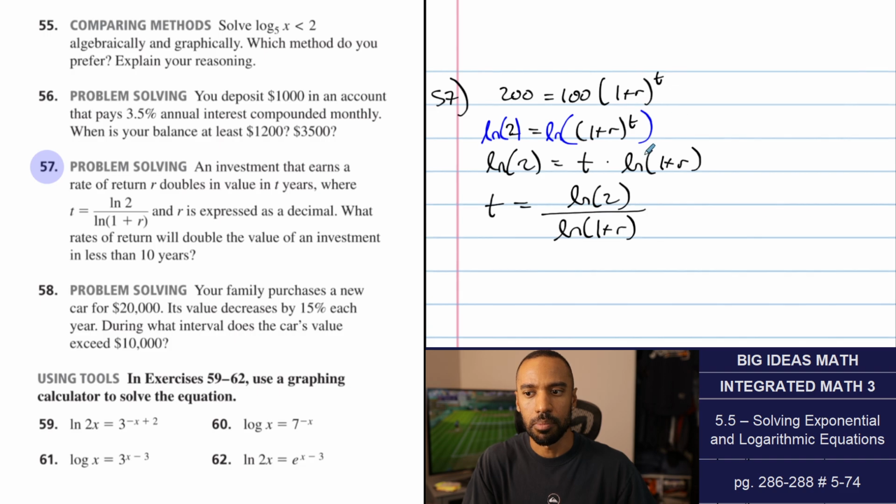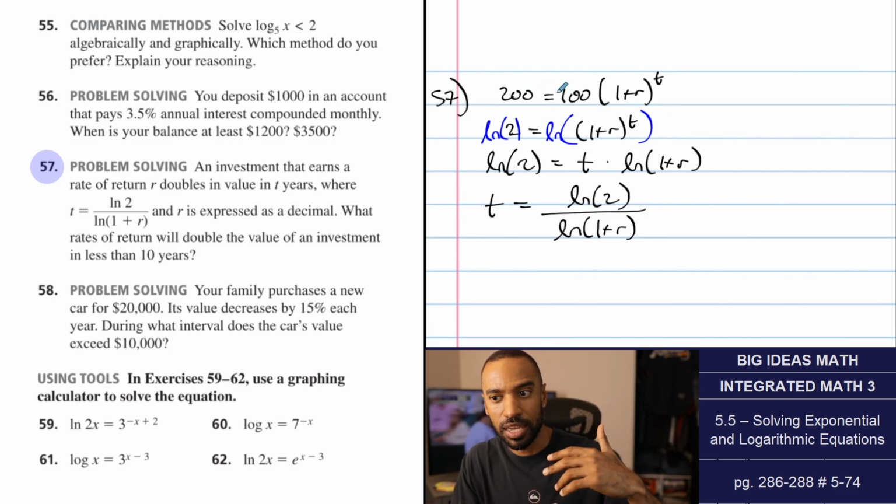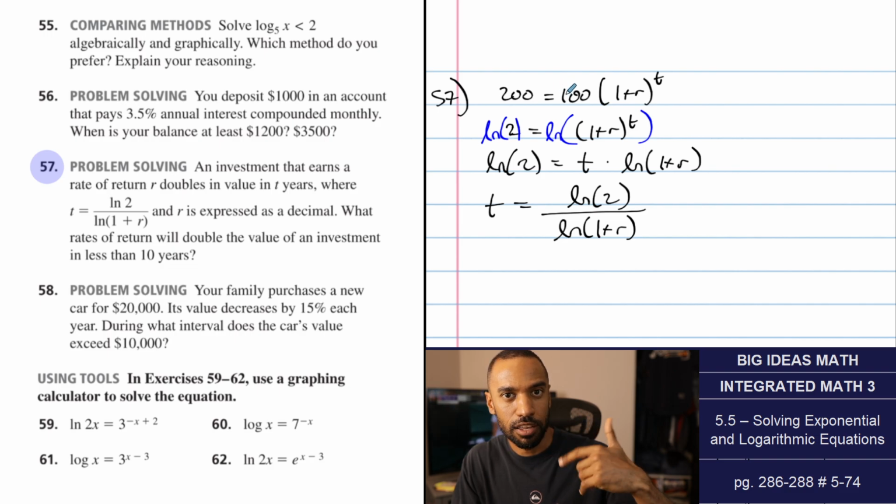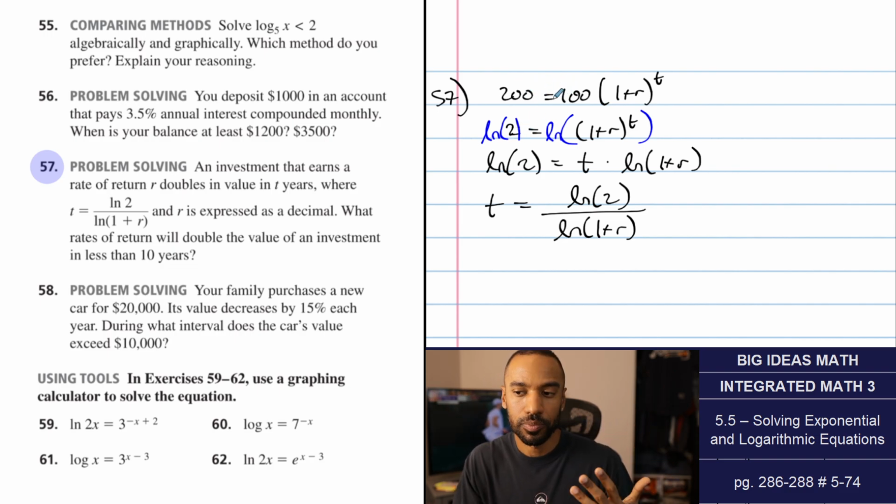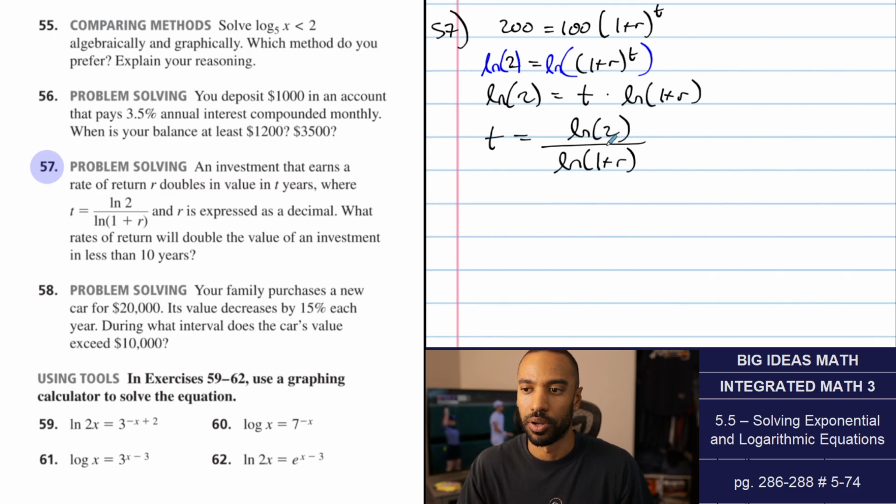It comes from something. It didn't have to be 200 and 100, by the way. Something divided by something that's double it will always be 2. It could be 1,000 and 2,000, whatever. Anyway, what rates of return will double the value of an investment in less than 10 years?